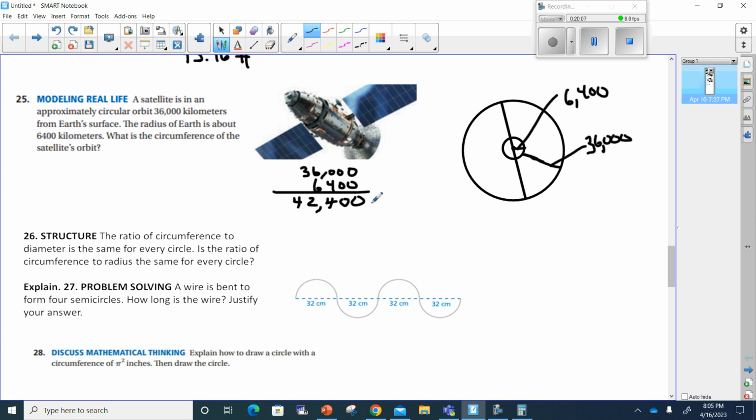And now we've got to multiply this times 2. That's going to give us 84,800, all the way across from here.